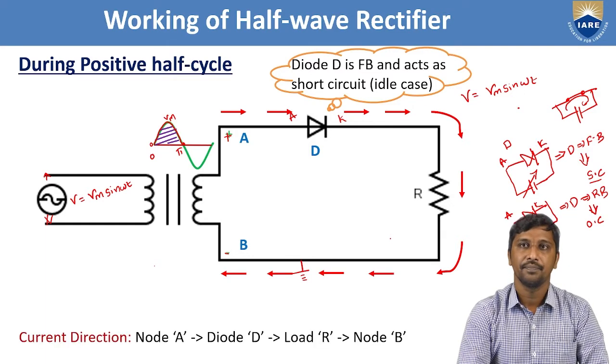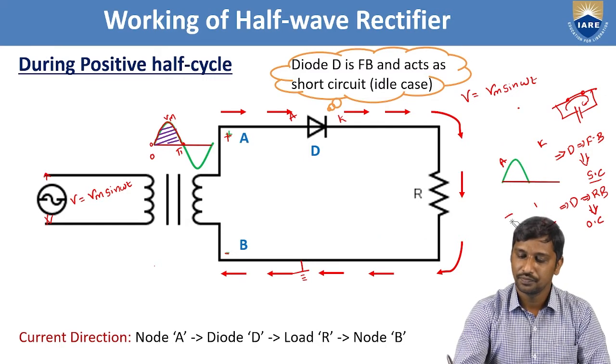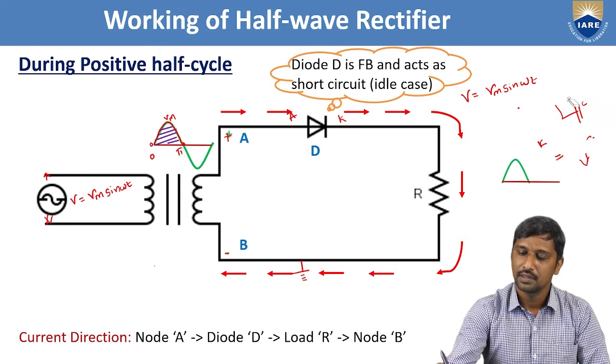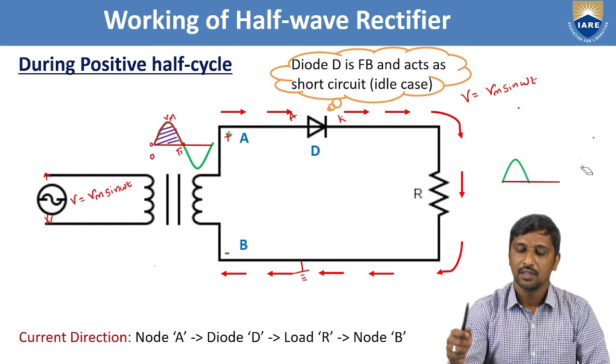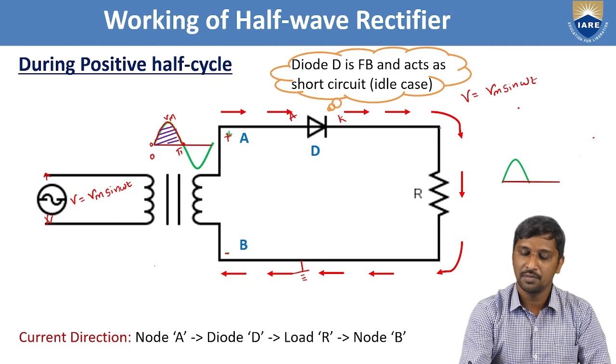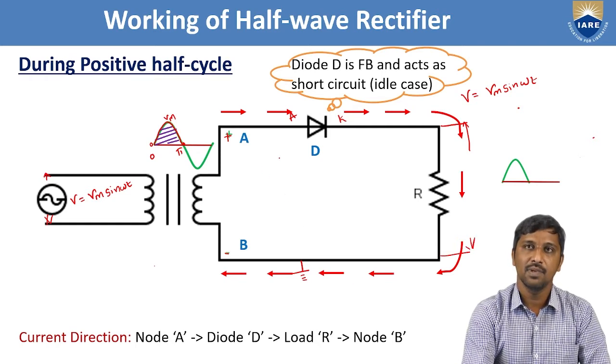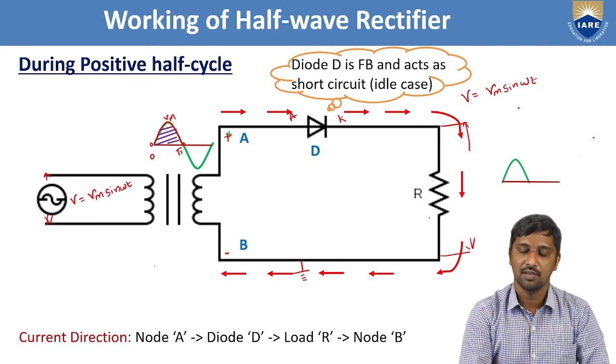Similarly, now what happens here? What is the response of the given input signal? Now we are going to measure the response across this load resistance. The maximum current is flowing through this load resistance as well as the diode.